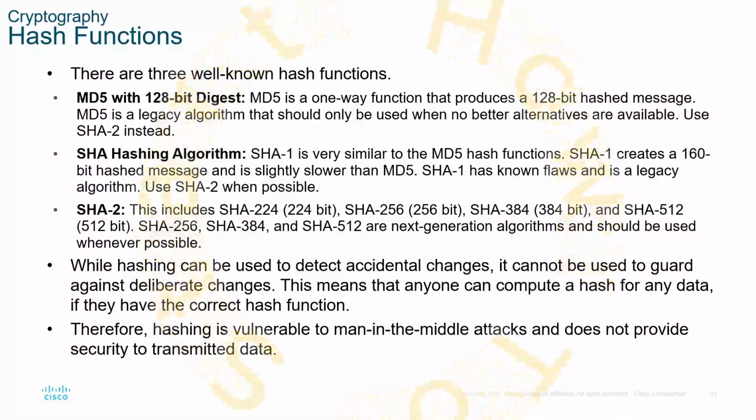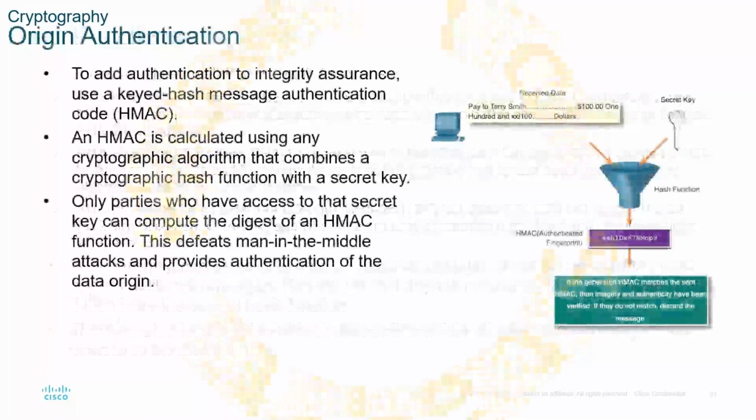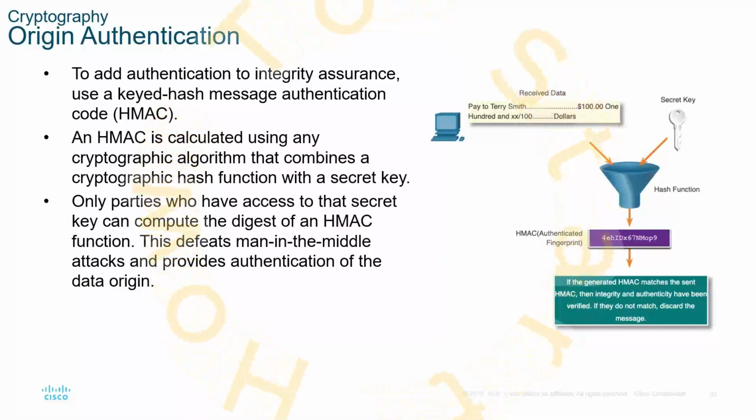And these are just 2 of the well-known hash functions, not the only ones. Since we're talking authenticity, this will guarantee that the person sending the message was really the person who sent the message. And we can do that through a hashing algorithm as well.